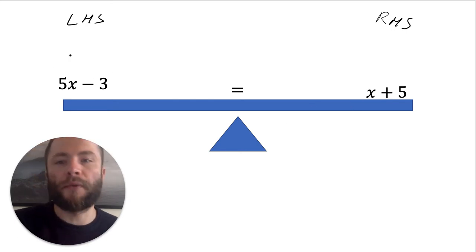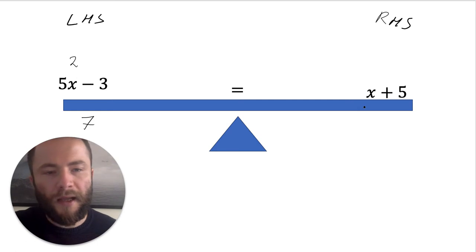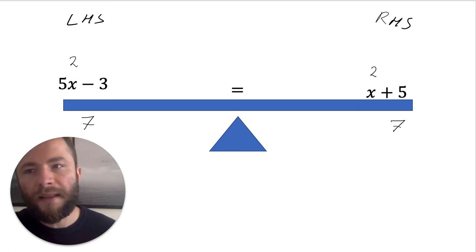So if we substitute, let's say, 2 in here, we have 5 times 2 minus 3, which is equal to 7. And if we substitute 2 in here, we have 2 plus 5 equals 7. That's what it means that the equation is in balance.